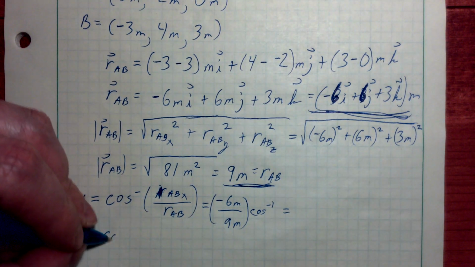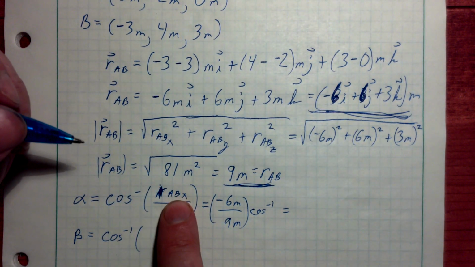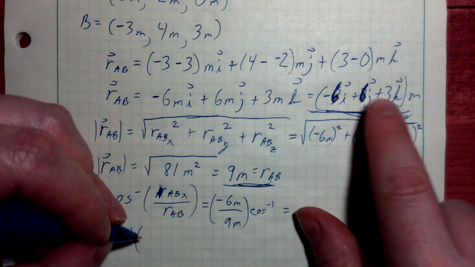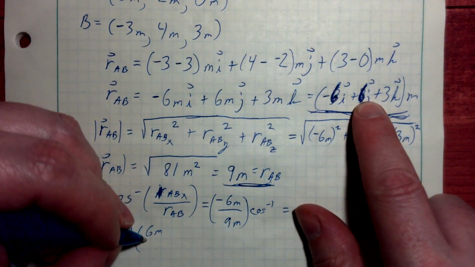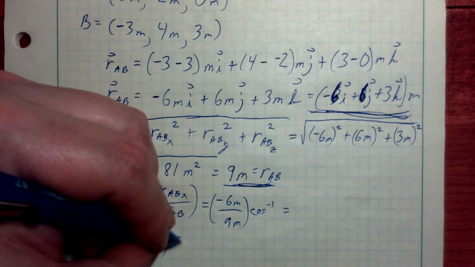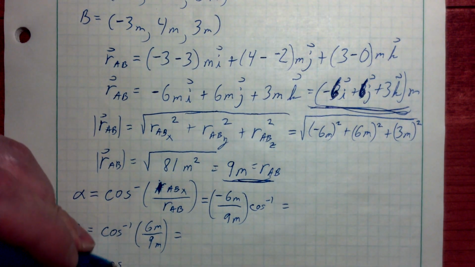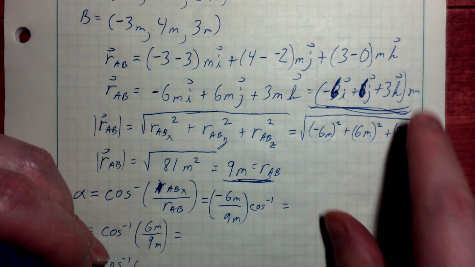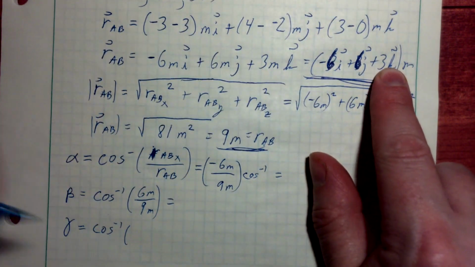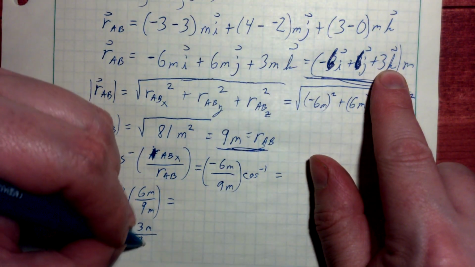So beta is going to be the arc cosine of the y component divided by the 9 meters. The y component is a positive 6 meters divided by the 9 meters, and that's going to give me that angle. And then the gamma angle is going to be the arc cosine of the z component, a positive 3 meters divided by 9 meters.